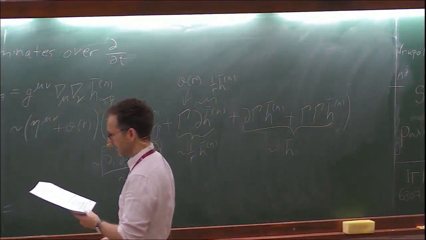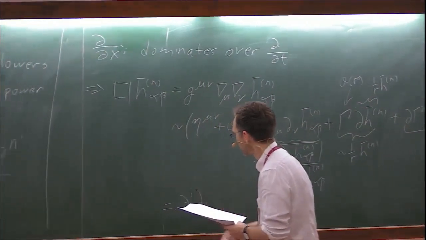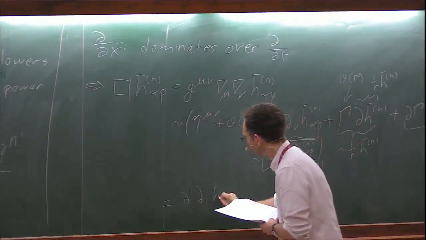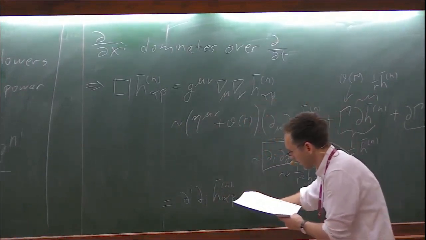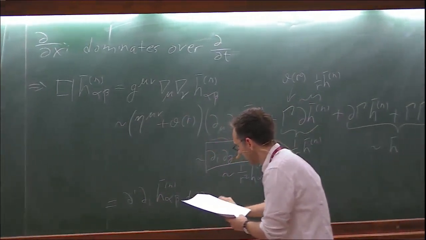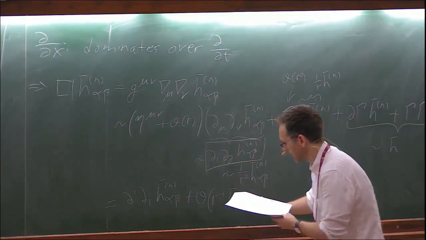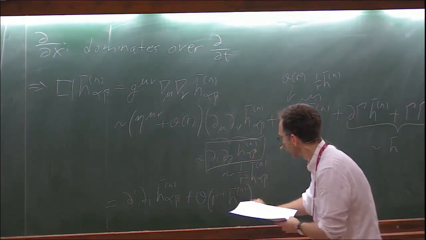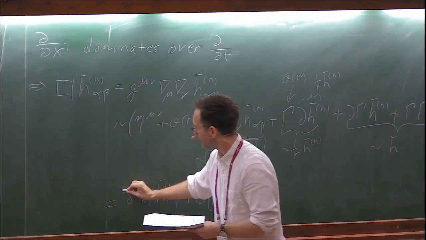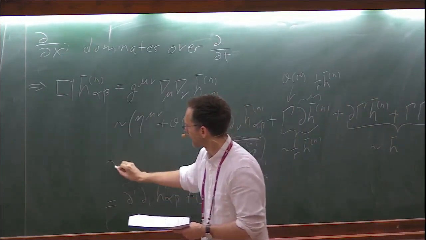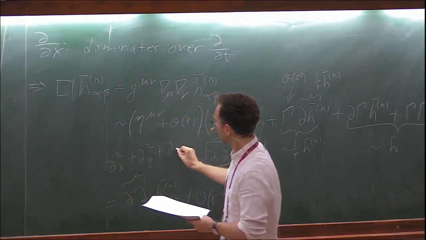So this whole thing, at leading order, reduces to delta ij of h bar n alpha beta plus order r minus h bar n. So this is just the flat space Laplacian, dx squared plus dy squared plus dz squared.